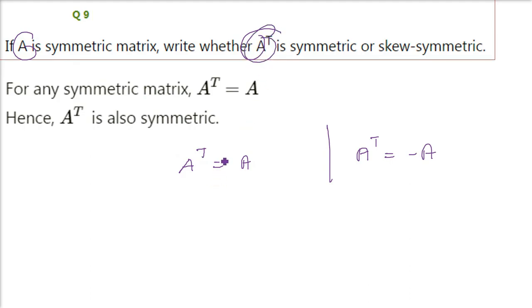So A transpose is A for any symmetric matrix. So by this definition, A transpose is also symmetric. Otherwise, if it is negative A, it will become skew symmetric, which is not the case here, right? So see it here, it's symmetric only. A transpose is equal to A.